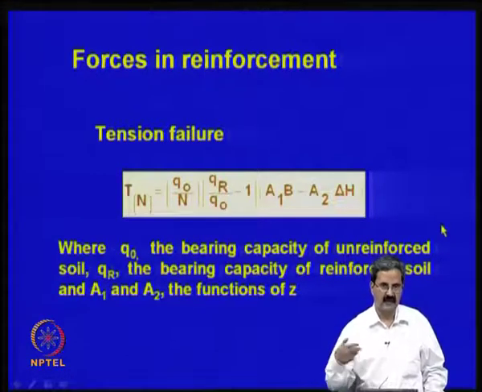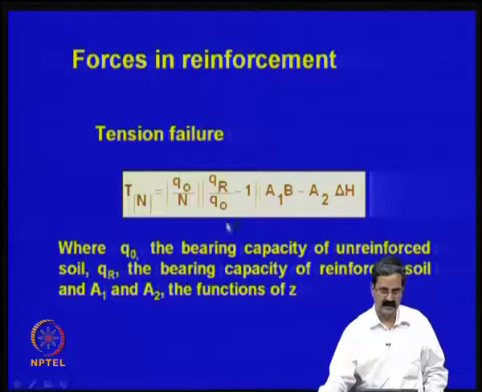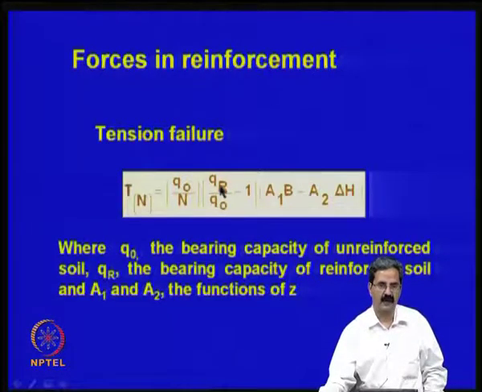It is actually a theoretically derived expression, because it essentially involves elastic stress distribution. A1, A2 are constants one can get from these plots, and N is the number of layers, QR is the required bearing capacity, Q0 is the original bearing capacity, B is the width of the foundation, and delta H is the spacing of the reinforcement elements.